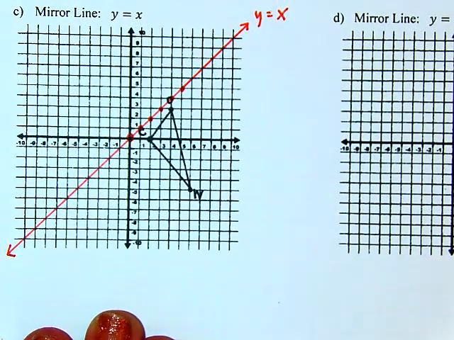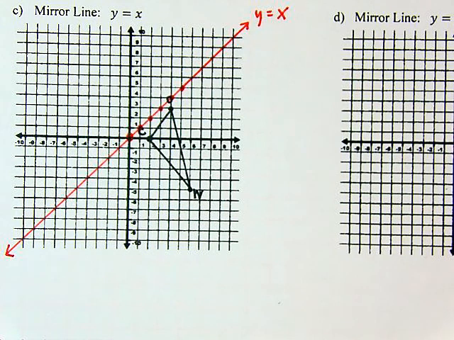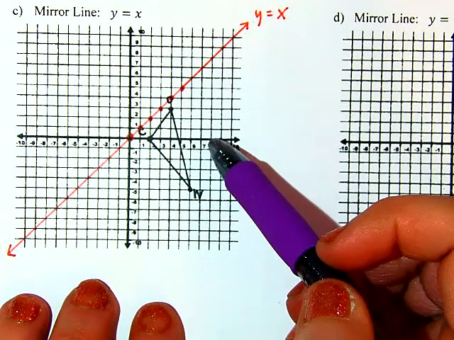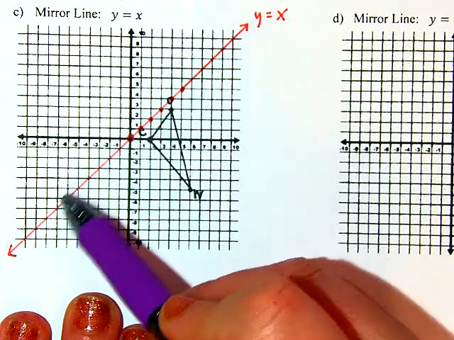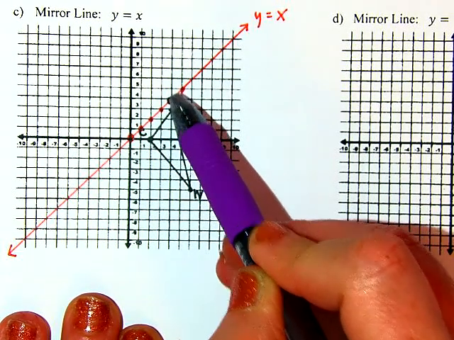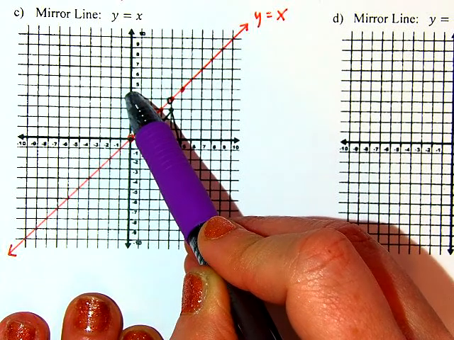And then how do I reflect it? So we're going to show you a rule in just a moment, but before we do that, I just want to give you kind of this workaround. What is a way that we can do it without being dependent on a rule? So if I'm reflecting over this line, I'm going to go point to point. If I'm looking at O and I'm reflecting over this line, what I'm going up to get to the line is what I need to go over to go across it.